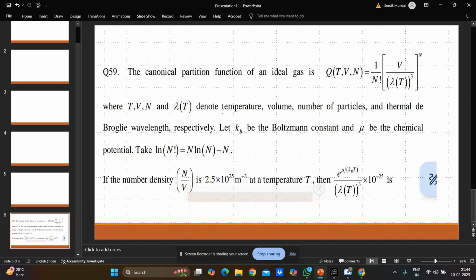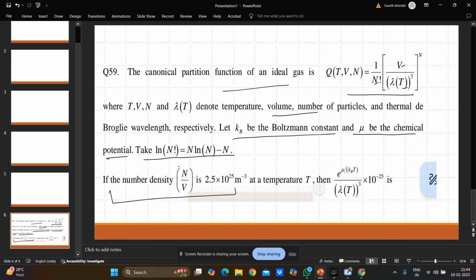Okay, so they have given some canonical partition functions of this format, with volume, number of particles, and some temperature dependent function. kB is the Boltzmann constant, and mu is the chemical potential. You have to take these approximations, and they fixed the number density, so this is a fixed quantity.